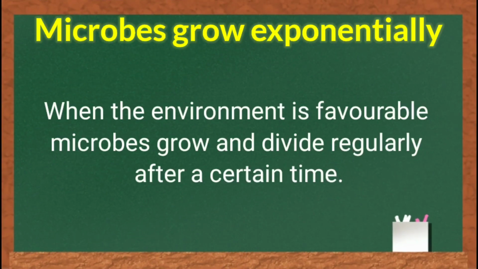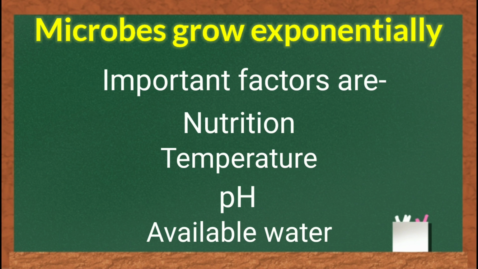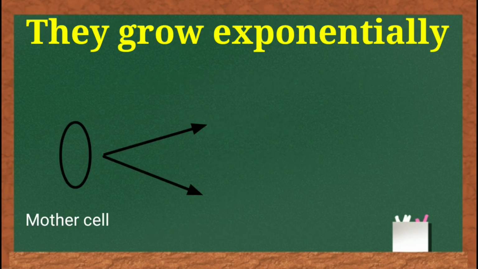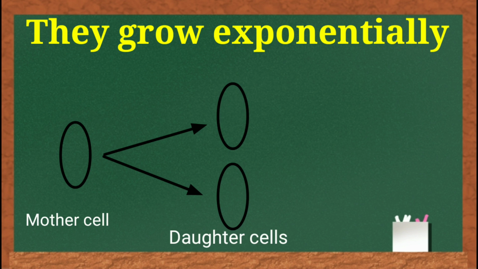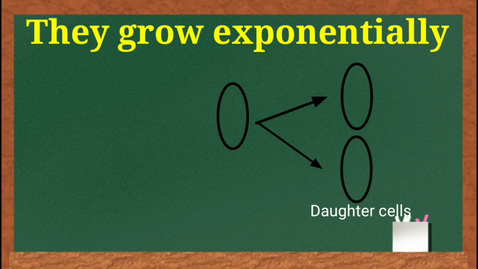They generally grow and reproduce at regular intervals when the environment is friendly, when nutrients are abundant and other factors are favorable for their growth. A mother cell divides into 2 daughter cells and each daughter cell again divides into 4 daughter cells. So they grow in an exponential manner.